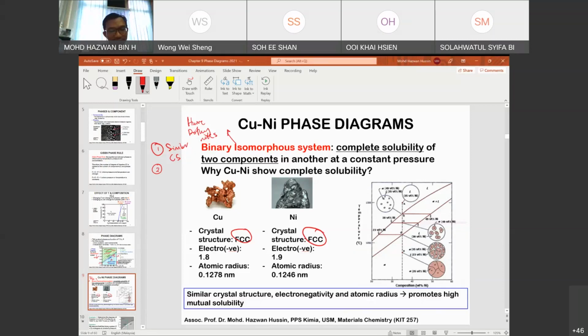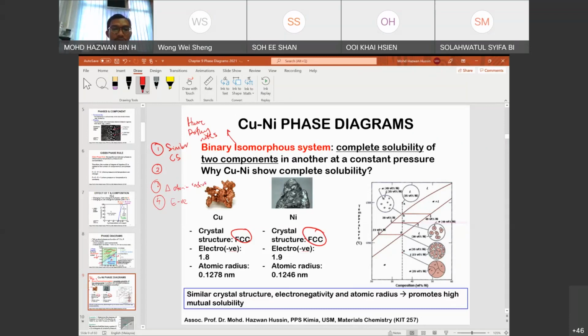Electronegativity, but as I said, I will put it as the last point, because in Hume Rothery you have at least four important points. So we will say electronegativity and difference in atomic radius.